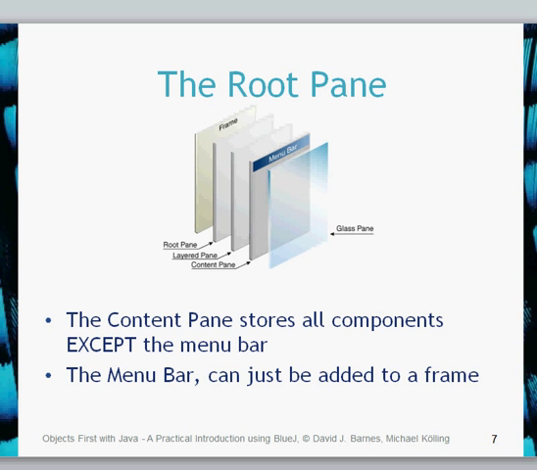Now, the different panes which are on show there are all of interest, but you probably won't need to understand or use all of those until later on in Java. The layered pane there is for putting things on top of one another, and the glass pane is for putting things over the top of buttons that you've already put in place or other components. The main one which we're going to introduce you to and which you're going to need to work out how to use is the content pane.